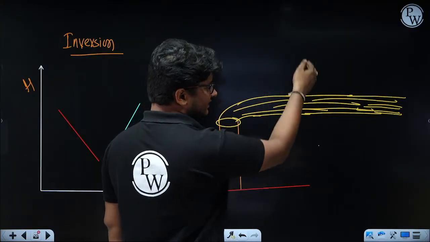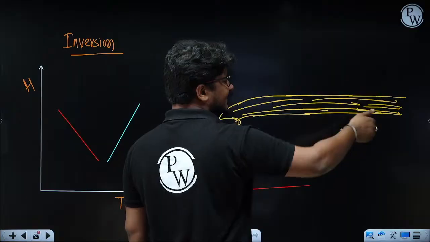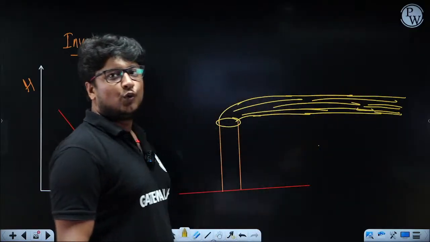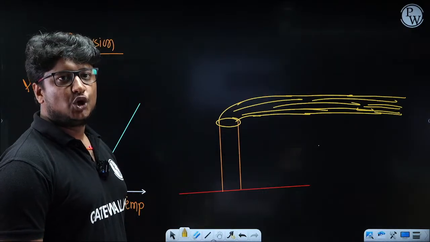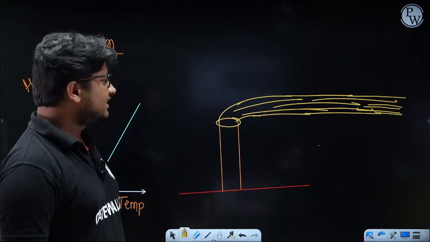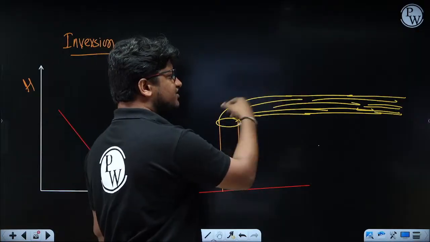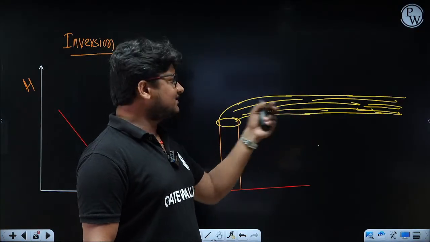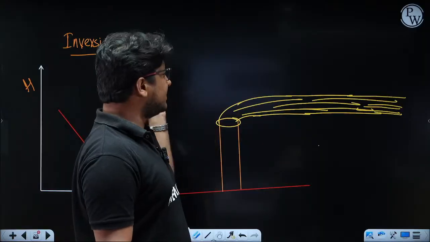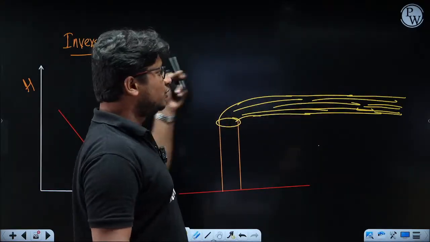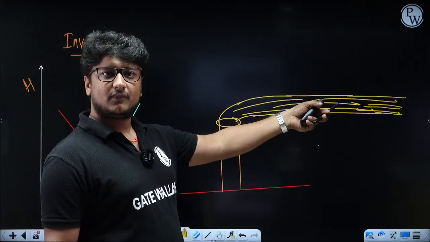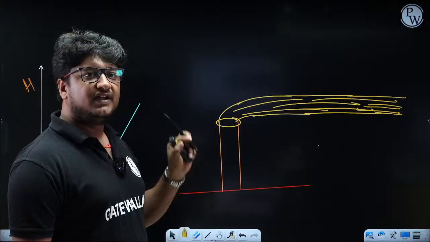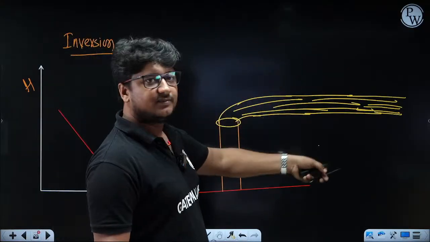See, as there is no vertical mixing in this case, you will find the plume is going simply like this. No vertical mixing is taking place. So in whichever direction the wind will be there, for example, if I have shown in this direction, that means the wind is moving from left to right, accordingly it will move without any vertical mixing.